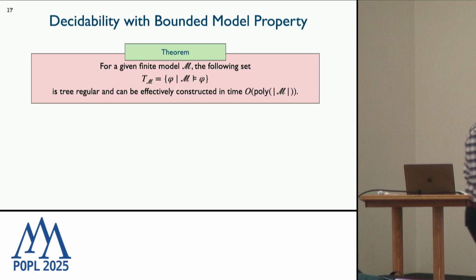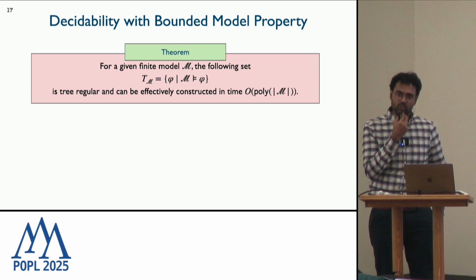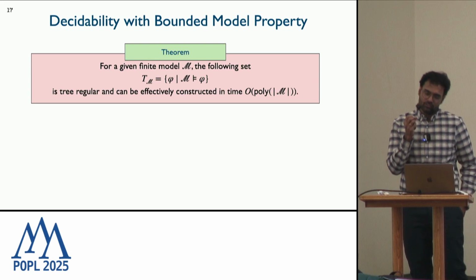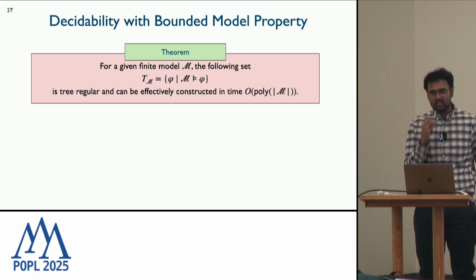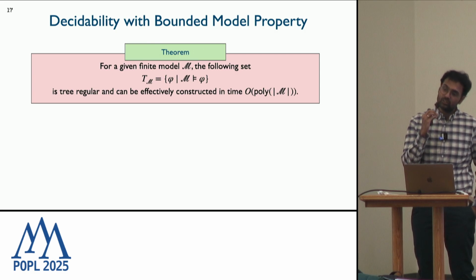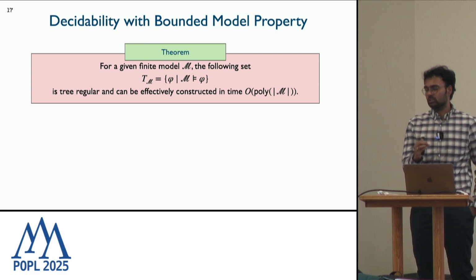So what is the proof of why you get decidability when you have bounded model property? Essentially, the idea is that if I fix a model, then I can construct a tree-regular set of all the formulae that would evaluate to true on that particular model.